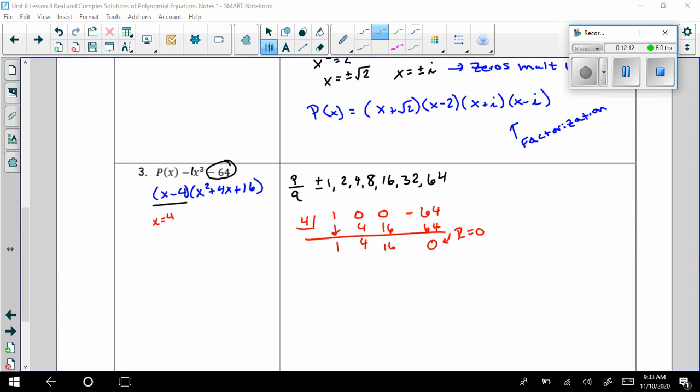But if we're finding all the zeros, what we have left here is x squared plus 4x plus 16, which we see from our difference of cubes factoring. This doesn't factor any further. There's nothing that multiplies to 16 and adds to 4. And we want to find all of our solutions, so we're going to have to plug this into the quadratic formula and solve it out.